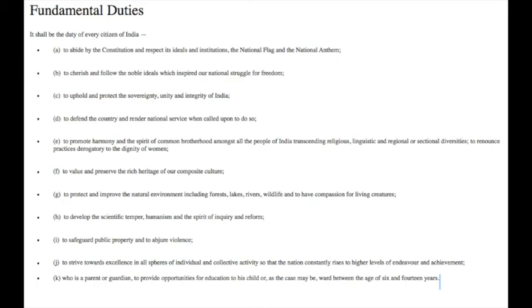It is the duty of the parent also to provide the chance of education to its ward from 6 to 14 years of age. The first 10 duties came into effect on January 3, 1977, and the last one, the 11th duty, came into effect from 1st of April 2010.